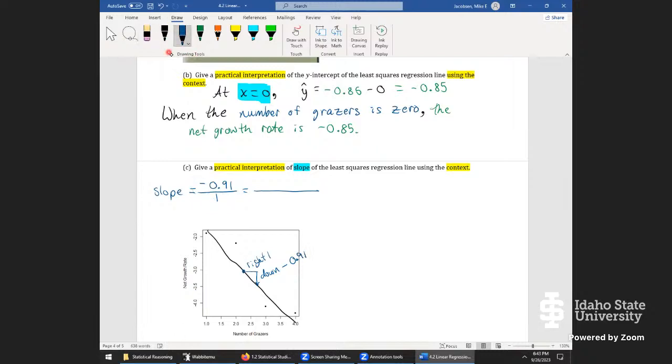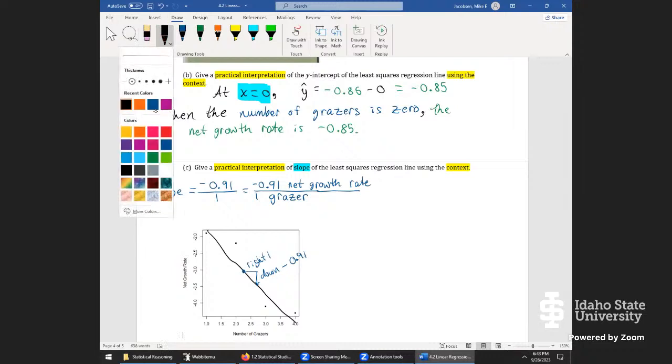So that's enough to tell us what the unit should be. If in the denominator we're going right 1, that means we're increasing the number of grazers by 1. So I'll put down below 1 grazer. Next, if we're going down by 0.91, that means our net growth rate is what's going down. So that's going to be the unit in the numerator, negative 0.91 net growth rate.